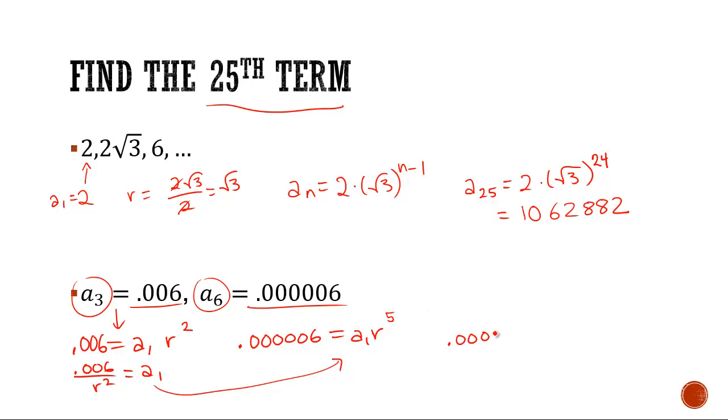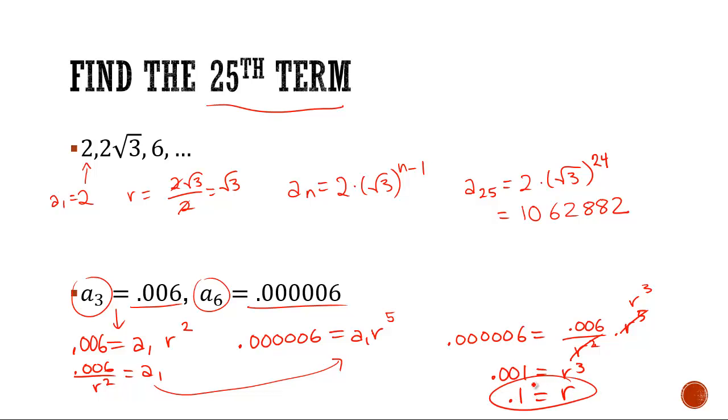So you'll notice that this will give you 0.006 over R squared and then times R to the 5. So you actually are taking 5 minus 2 to simplify these, which will end up with R cubed. So now you'll be able to find R by first dividing both sides by 0.006, leaving you with 0.001 as R cubed, and then taking the cube root of that to give you R to be 0.1.